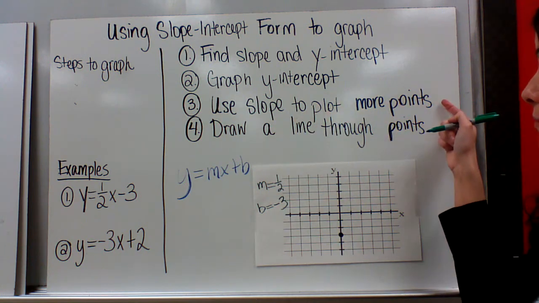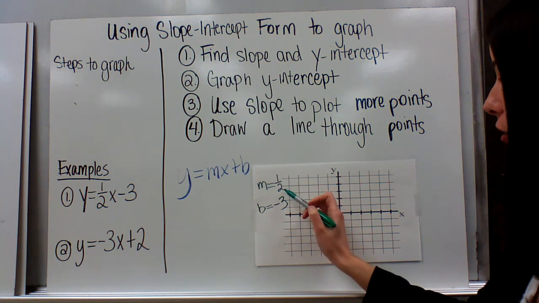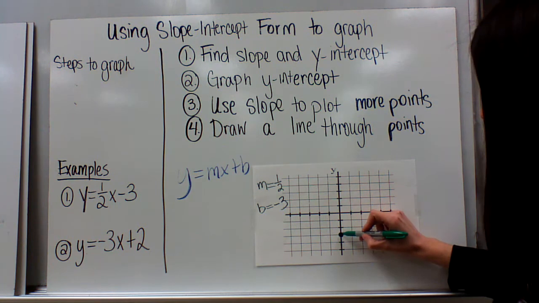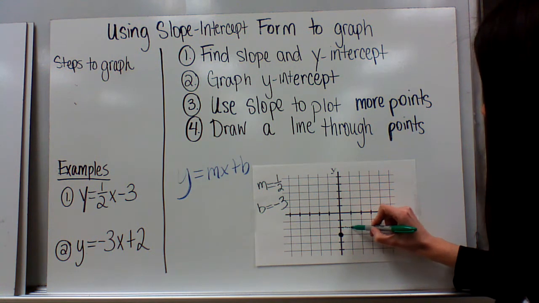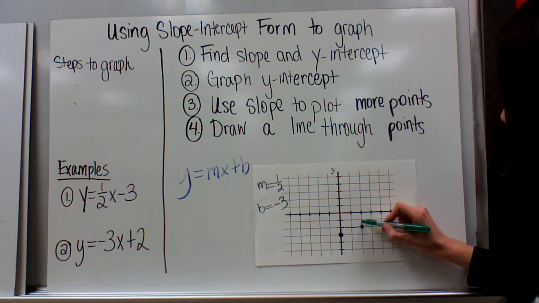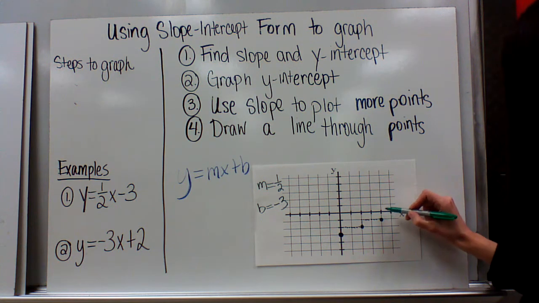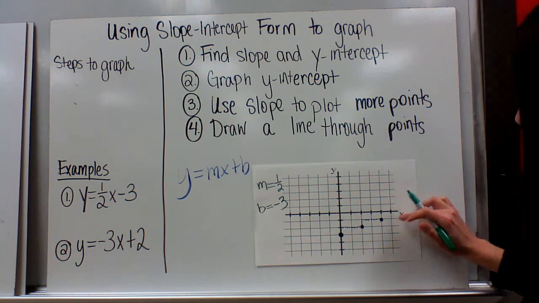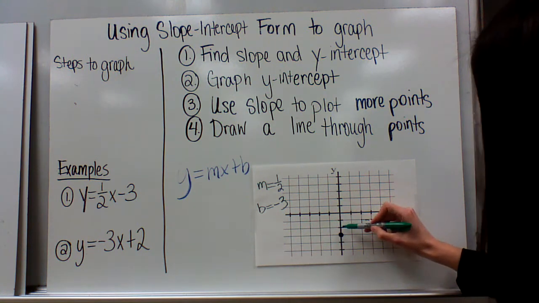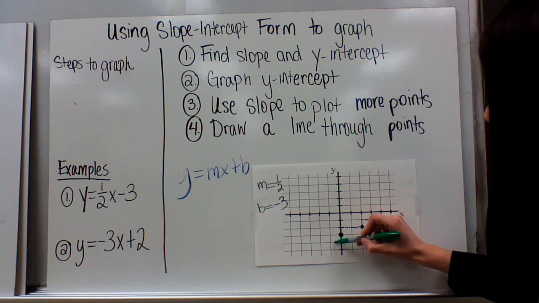So I'll go down 1, 2, 3 and put a point there. Then, third step, you use your slope to plot more points. My slope is 1/2. So I will rise 1 and run 2. So rise 1, run 2, and put a point right there. Then rise 1, run 2. So I have 3 points, and you're coming to the end of your graph. Now since you have more room to the left side of your graph, you can now fall 1 and go to the left 2.